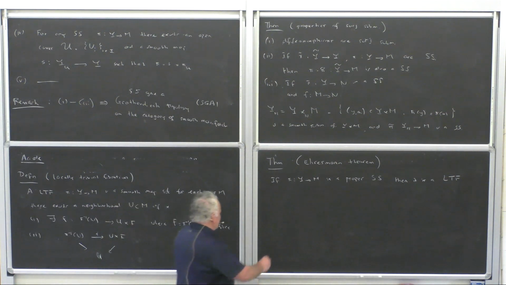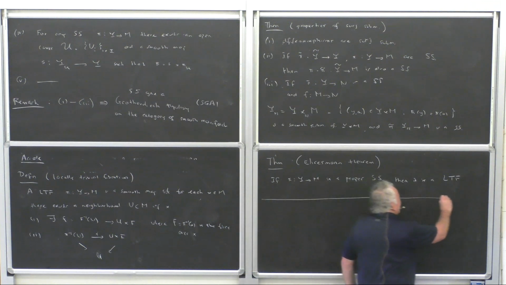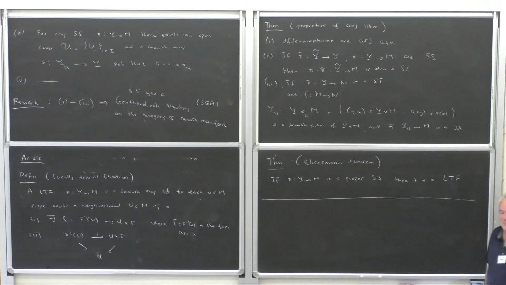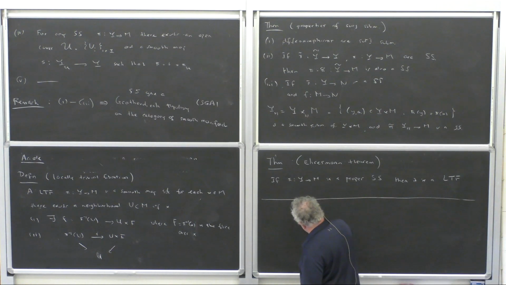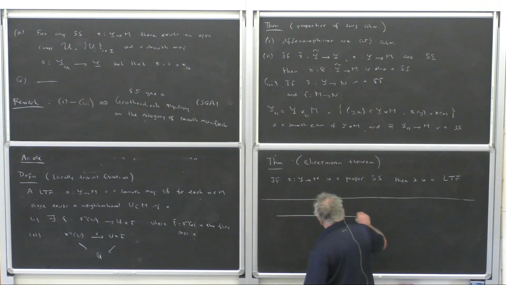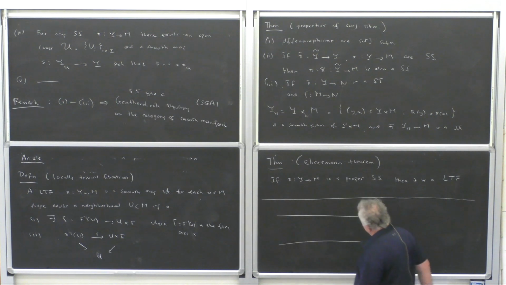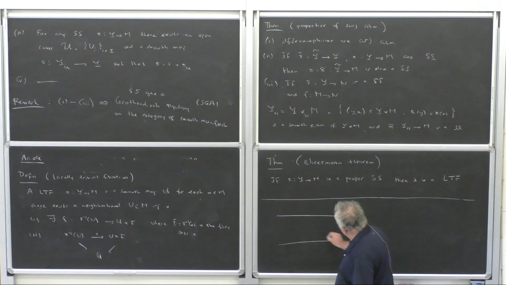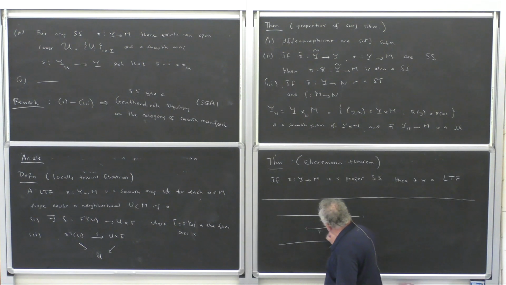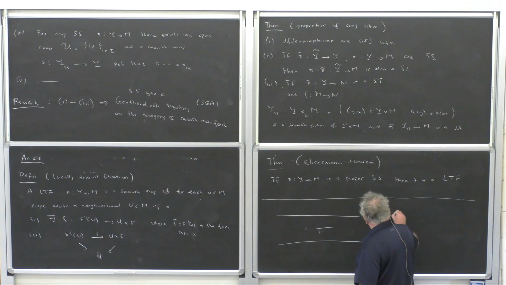Okay, so let me give you an example of a surjective submersion which is not a locally trivial fibration. Well, let me first give you an example of something which is a locally trivial fibration. So the strip, R × [-1, 1].